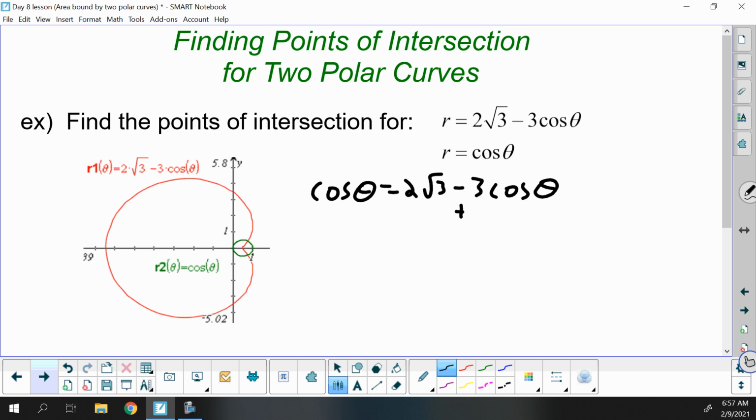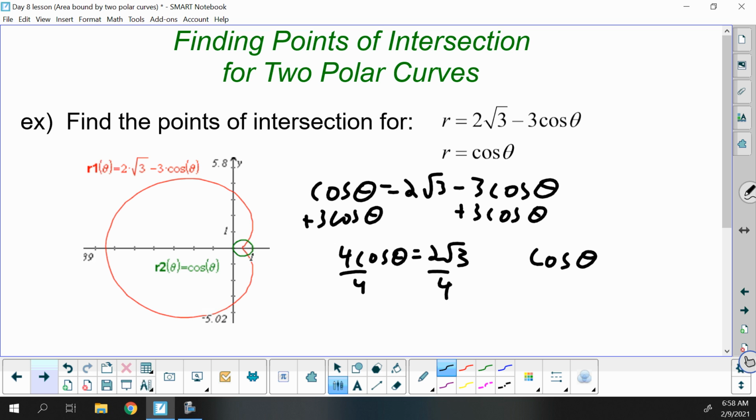We can add the 3 cos theta over, giving us 4 cos theta equals 2 radical 3. Divide by 4, and we'll get cos theta is equal to square root of 3 over 2.